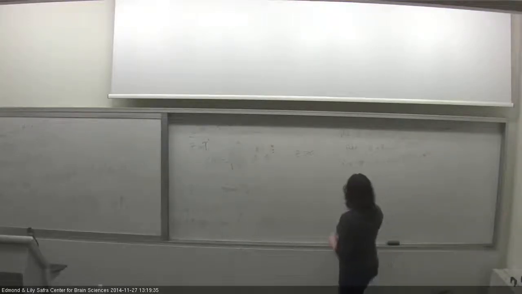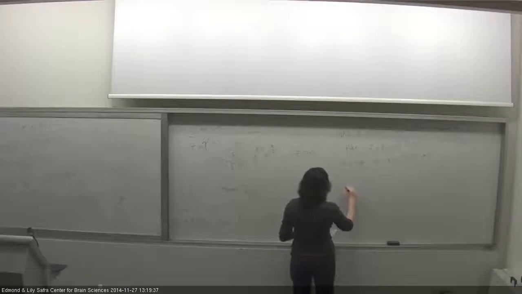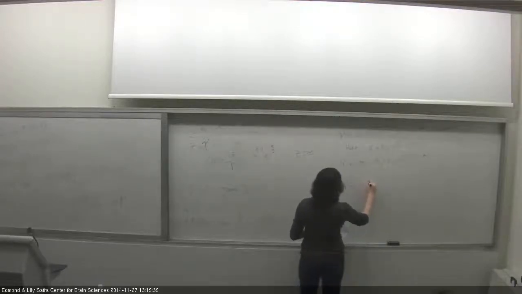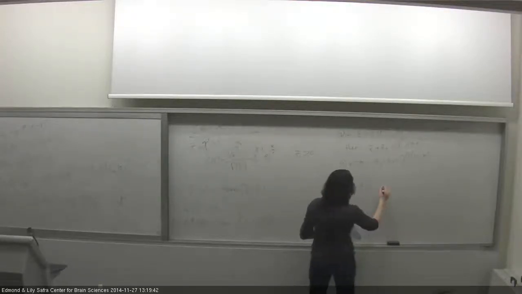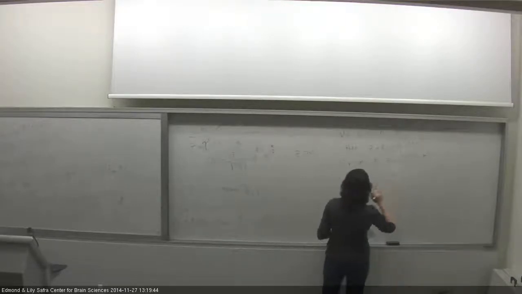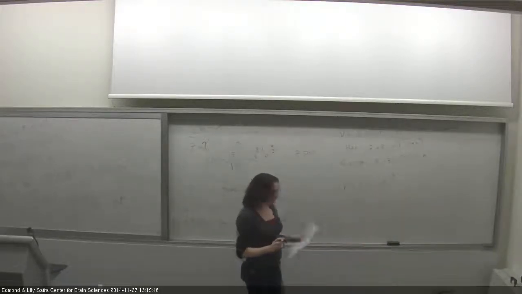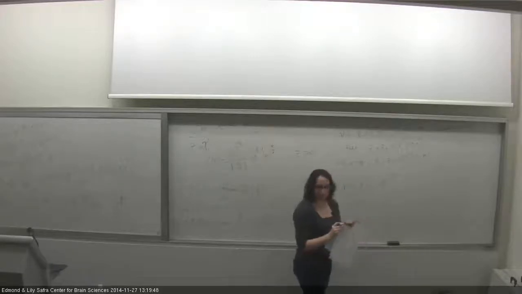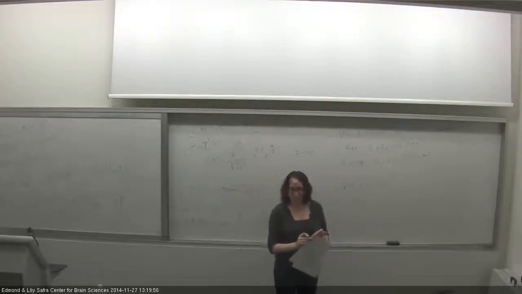Okay, so let's go back to our random variable y, which was the sum of xi minus x bar squared. Now I'll do the same trick that I did before, that I confused you with, but you can go over my notes and verify every step.